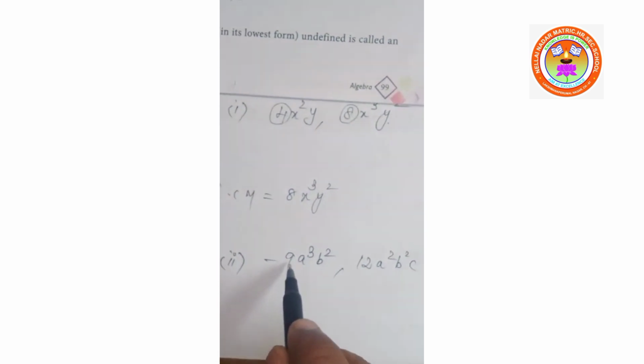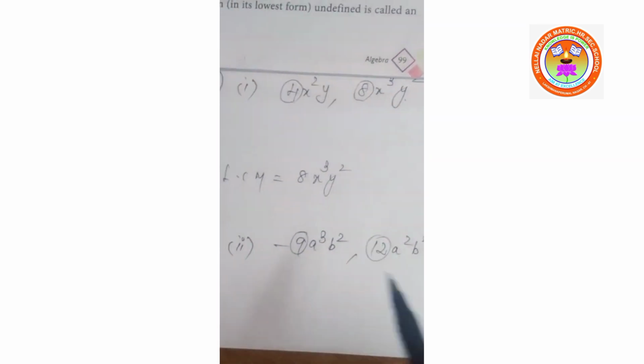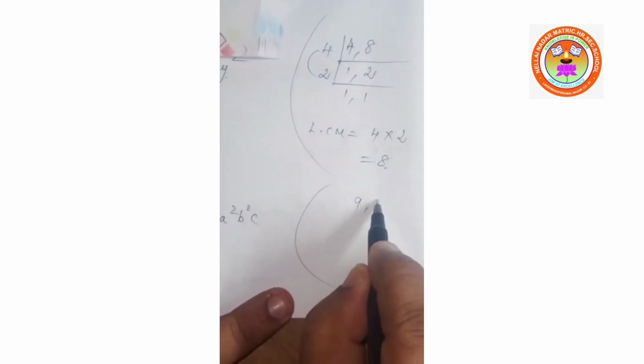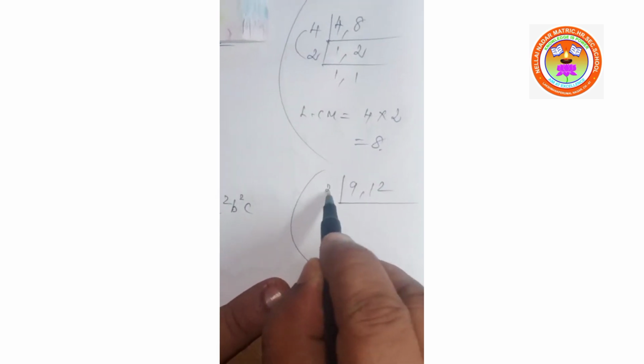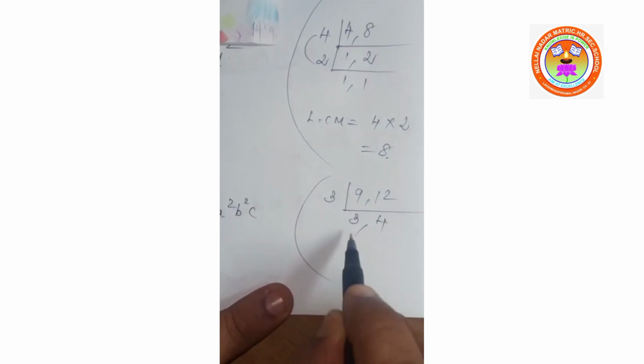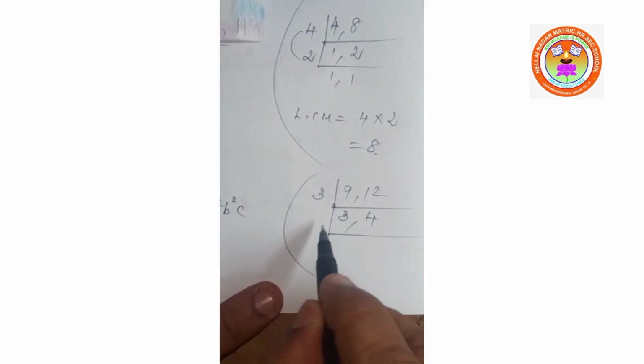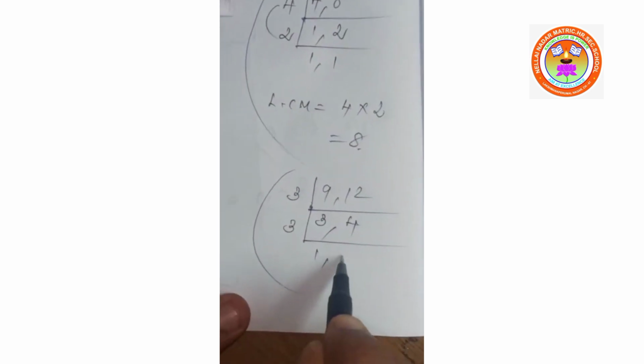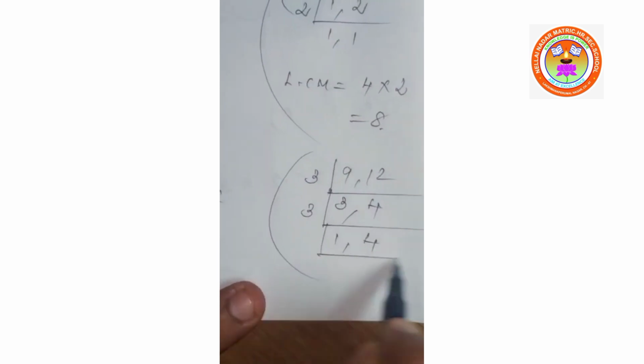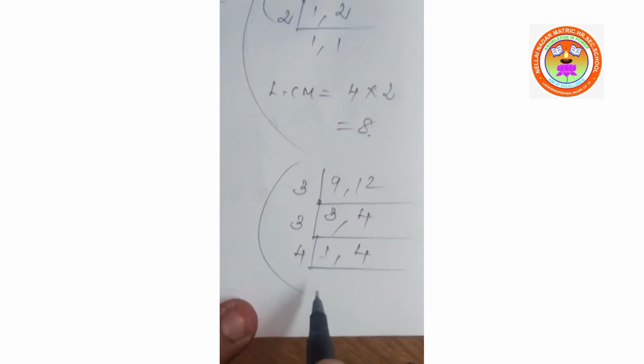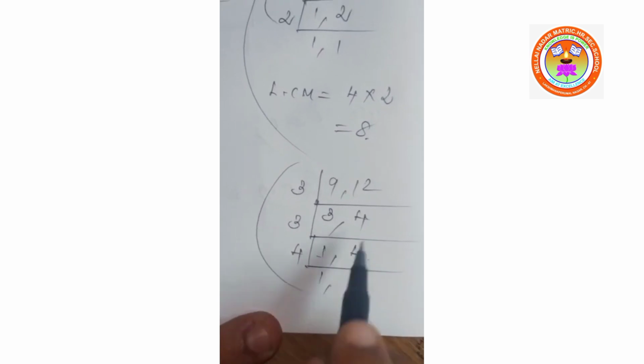Now I take 9 and 12. 9 and 12 can divide by 3 table 3 times. 3 4s are 12. 3 and 4 I take 3 one time and 4 write as it is. Since we have 1 and 4 can go for 4. 1 1 4 ones are 4.